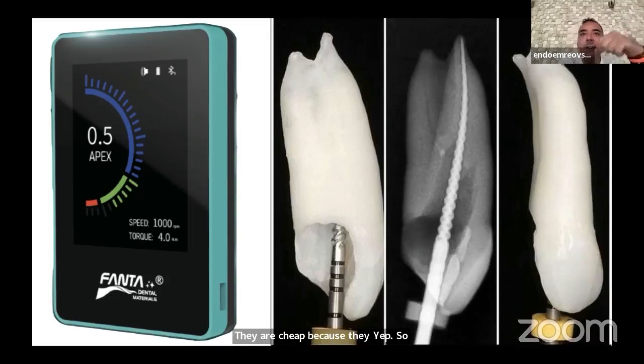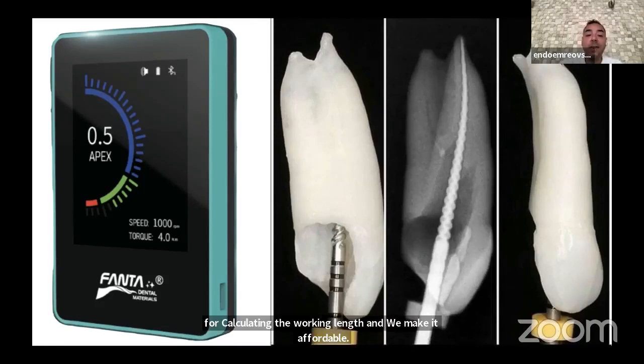And actually, Vispax has the most upgraded new chip for calculating the working length, and we make it affordable because we want every clinician to have accurate results for their calculations.